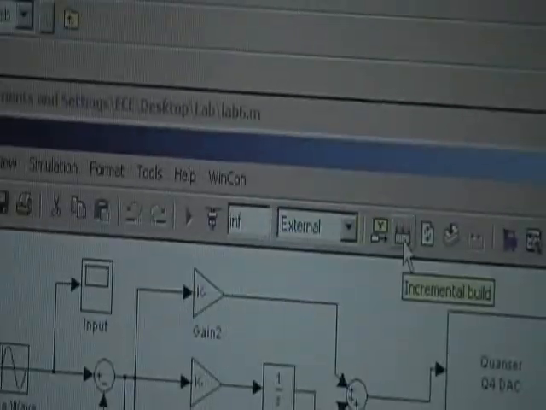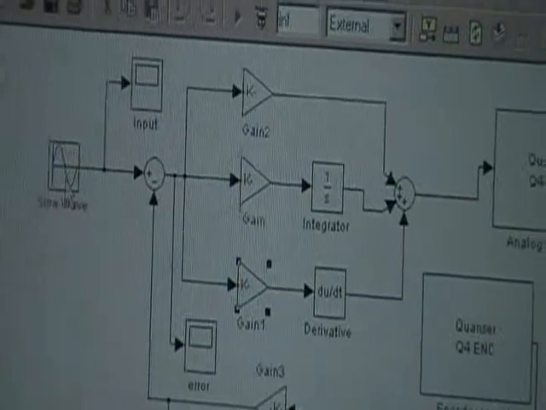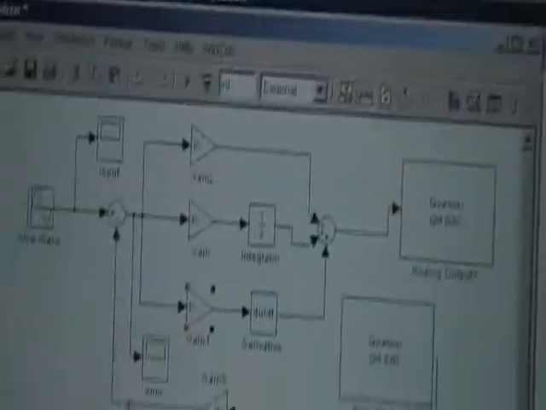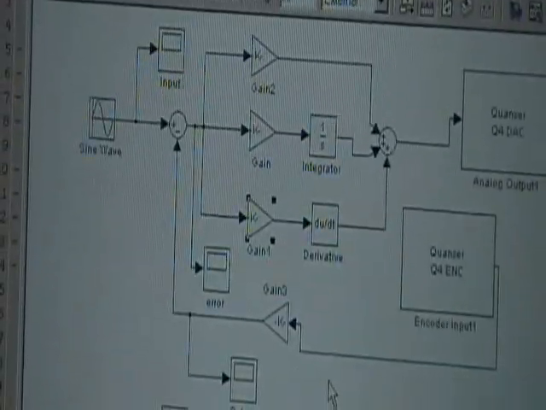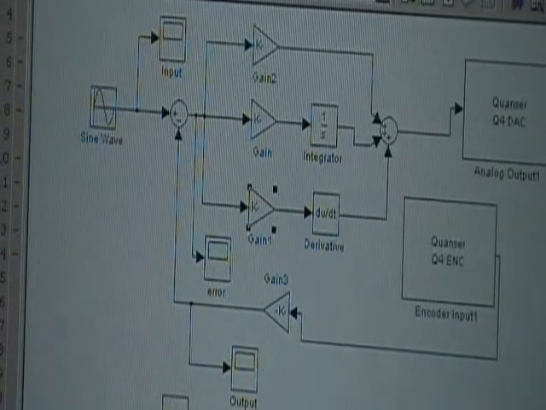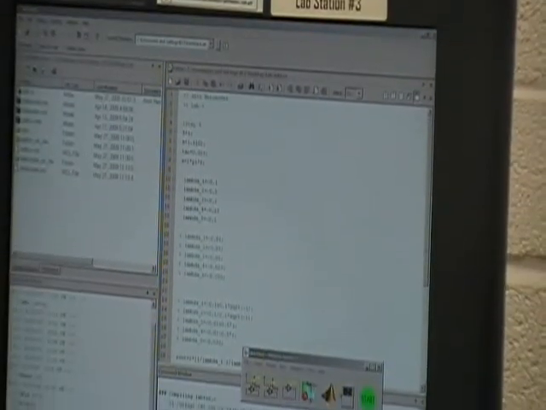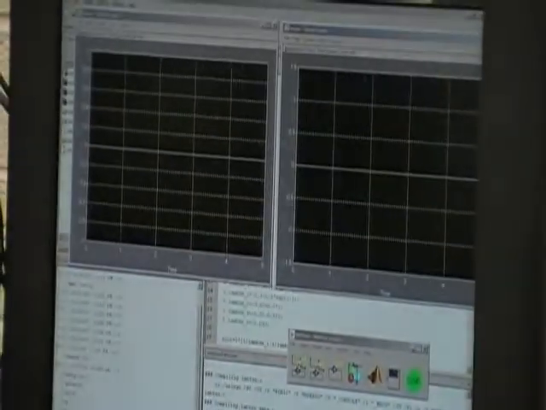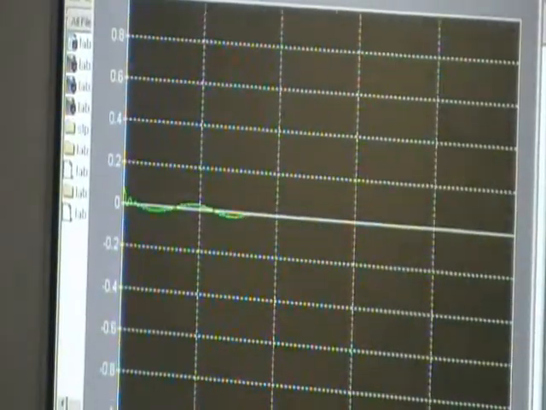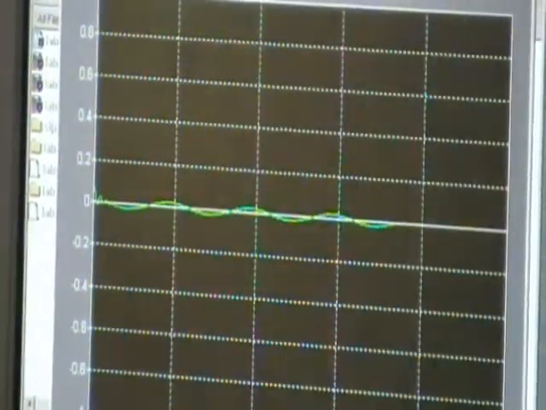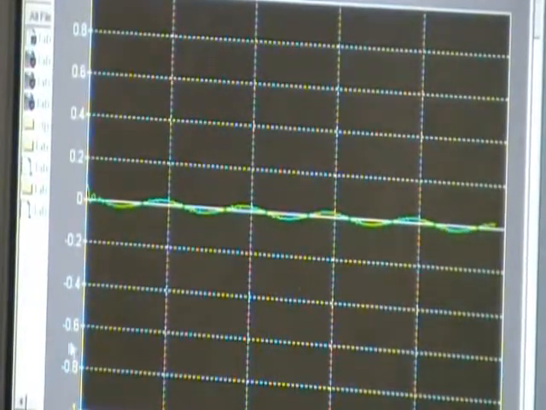Here, remember, it's a sine wave with 1 hertz. If you see now, increasing the gain by factor of 10, the error is small in this case.